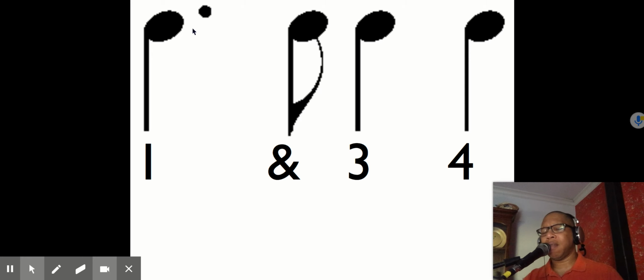So I'm going to play this, and then we're going to play on. What I want you to do is put that dotted quarter note followed by an eighth note rhythm on different beats. So here we go. I'm going to play, you echo. Ready, set, your turn, go. Now count.